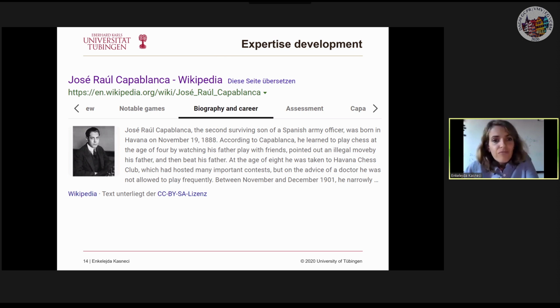I came across one statement that really caught my attention and gave me the motivation to work in this area. So if you read what's on the Wikipedia page, you will see that Capablanca learned to play chess at the age of 4, so pretty young, by watching his father play with friends.